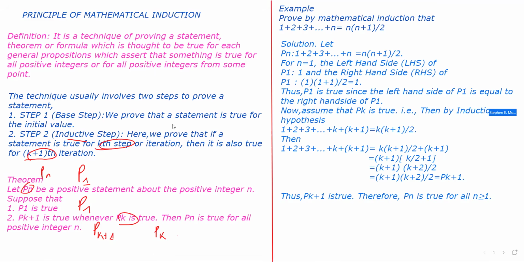So let's take a few examples to illustrate this whole idea of the principle of mathematical induction. Example one: if we take the sum of all positive integers, or let's say the sum of natural numbers, which is 1, 2, 3, 4, 5, 6, 7, up to a certain number n, we can easily get that sum as n times (n plus 1) over 2.